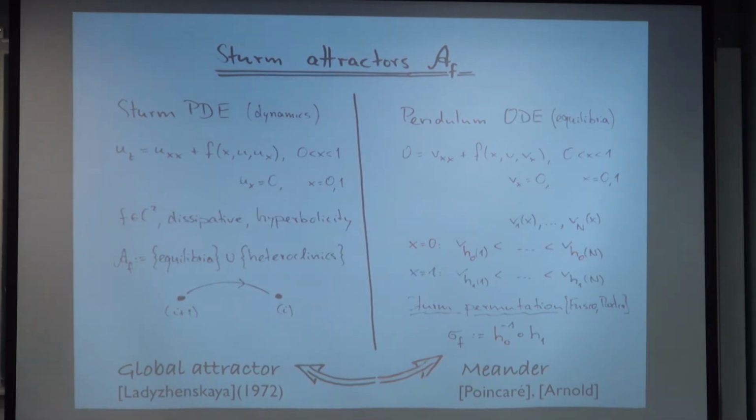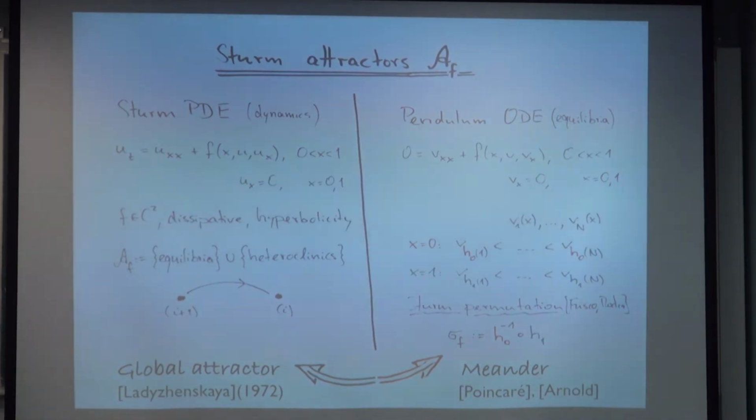In other words, how this surface was winding around when we followed the pendulum equation. So how do these two things correspond to each other? Well, if we know the global attractor, we know all equilibria, we know these things, we know the meander, we know everything. But can we go in the other direction?